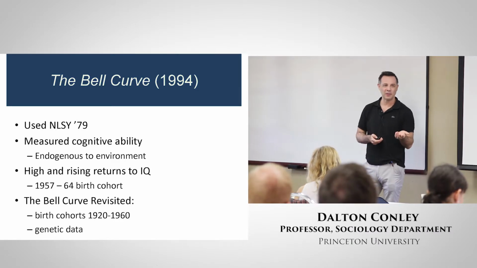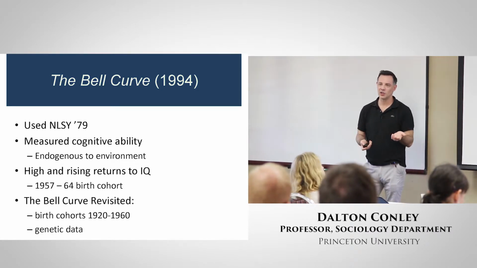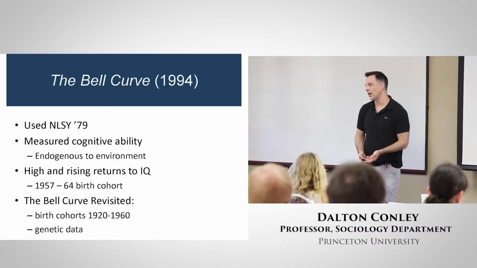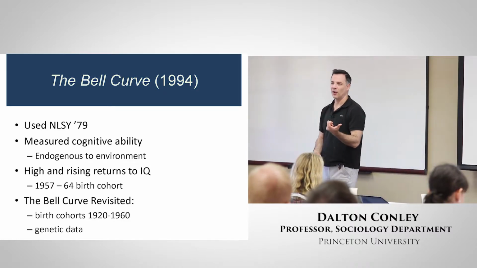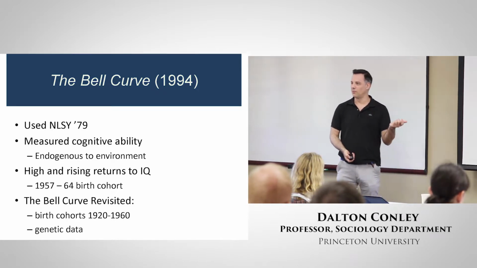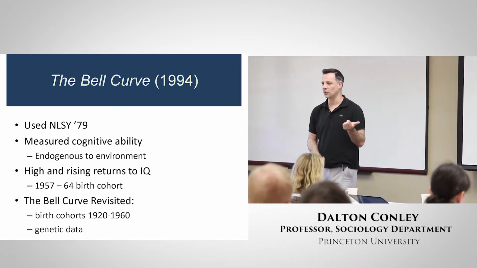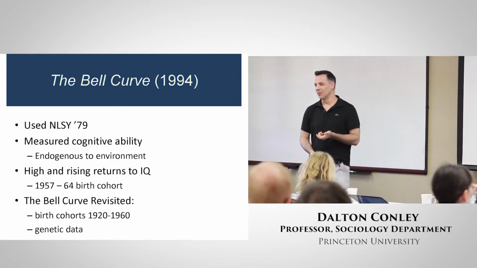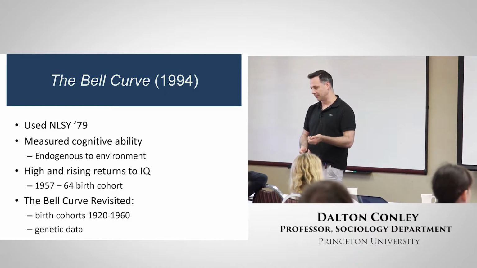But cognitive ability is obviously endogenous to environment, because they were measuring the actual test scores in the NLSY, and like I said, they had a narrow birth band. So I thought it would be a nice uncontroversial thing to go back and evaluate their hypotheses using the molecular data that we now have.